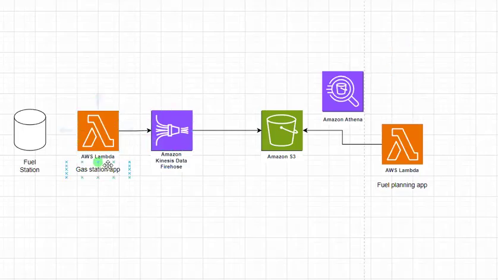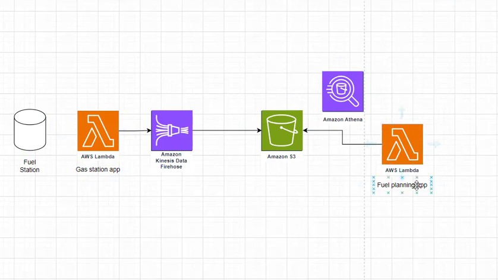Let's name these Lambda functions so that we can easily understand this. To generate this fuel related status, I am naming this Lambda function gas station app. And to analyze the data stored in the S3 data lake by using Athena queries, I'm using one more Lambda function, right?